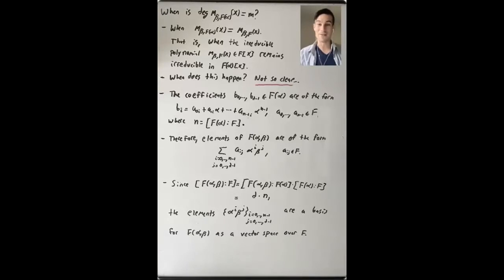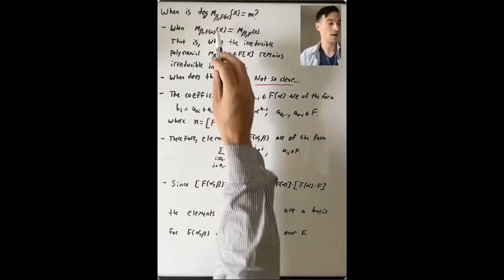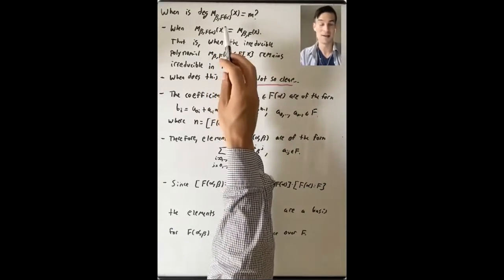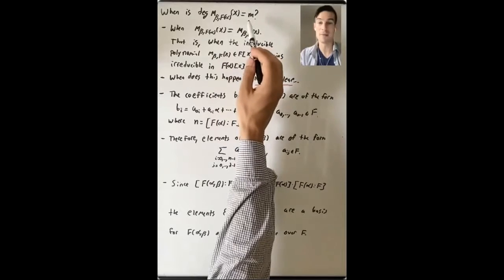Our goal is to give a nice description of elements of the field generated by alpha and beta over F. And we've been talking about the minimal polynomial of beta over the extension F adjoin alpha. And we showed that the degree is at most m.